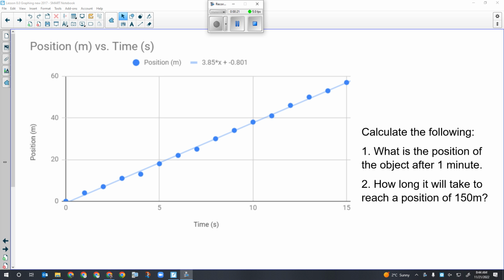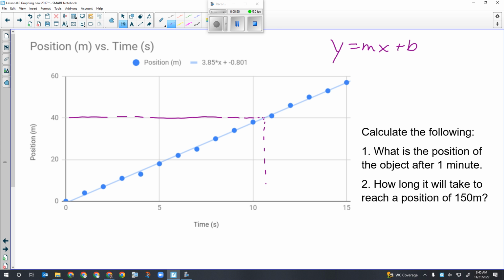However, I've blown it up big enough that you can see it, so that we can review what we did on Friday. Which is, how do we use y equals mx plus b? Just a quick reminder. y is the y value of any spot on the line, but don't confuse that with a point.